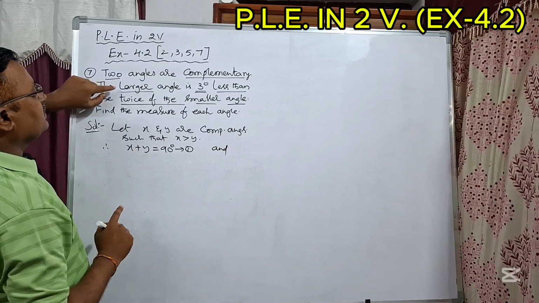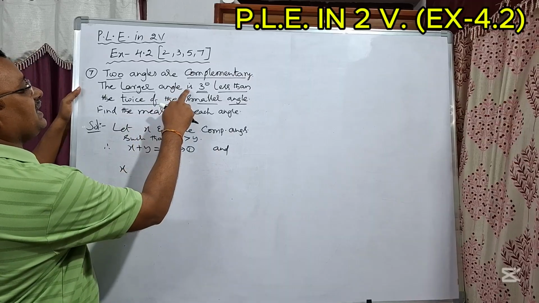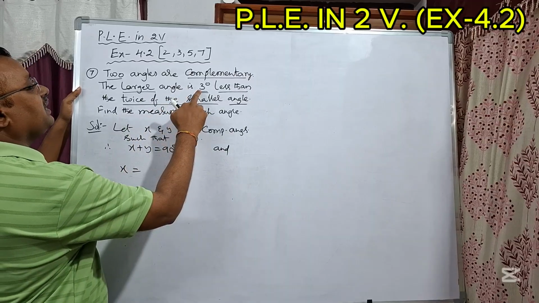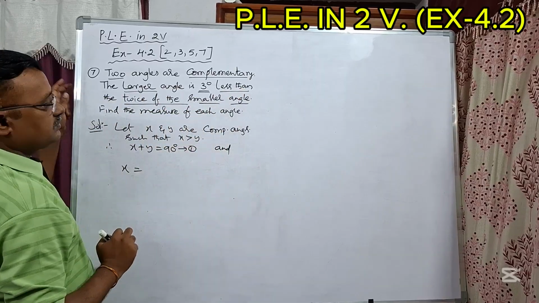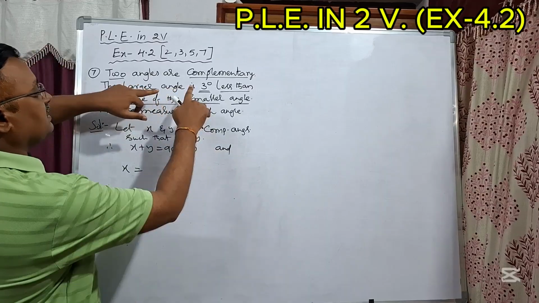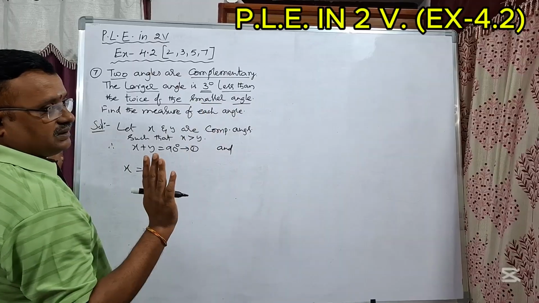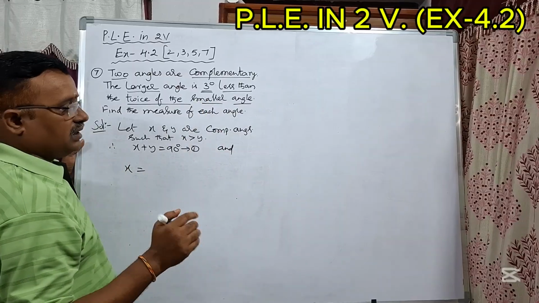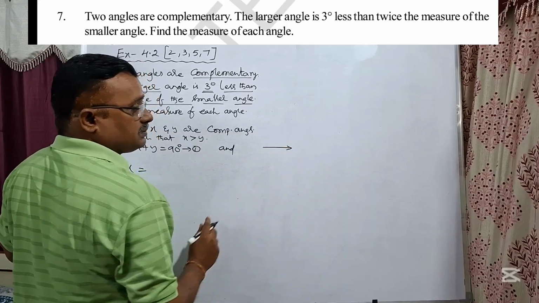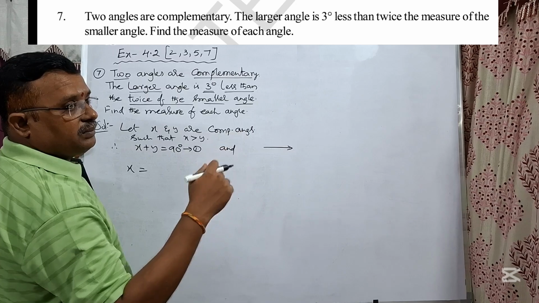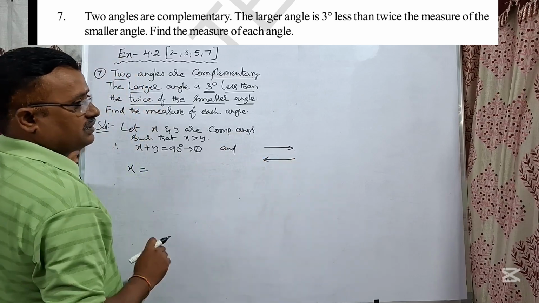Understood, Nana? So, the larger angle x is 3 degrees less than twice the smaller angle. That is the second condition. Understood, Nana? In English, we read the sentences from left to right. But in converting them into a mathematical equation, we need to move from right to left.